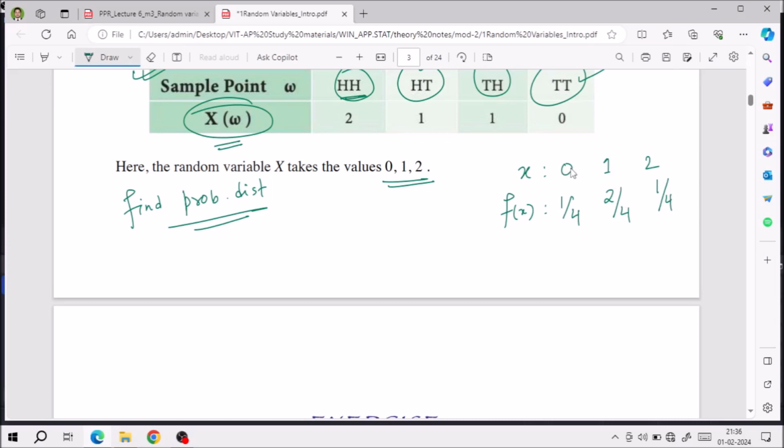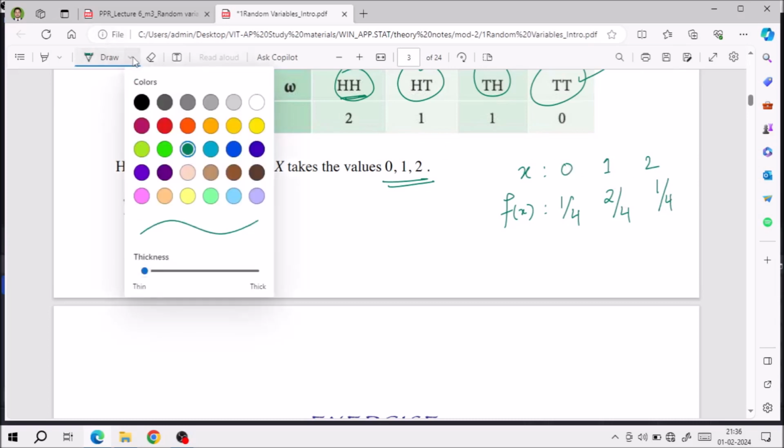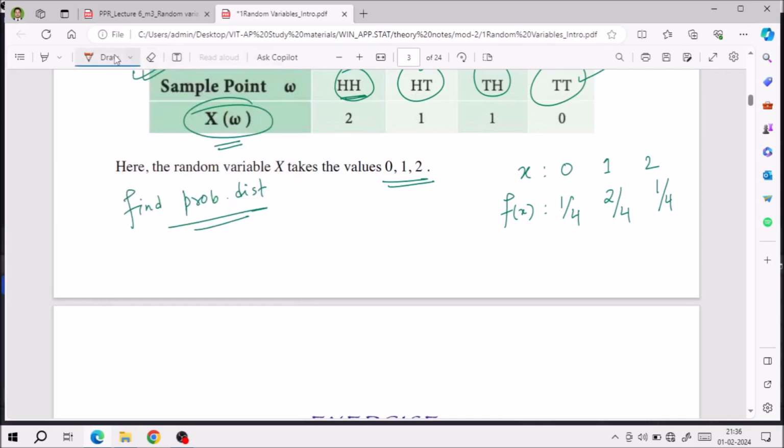So you can easily relate this with our previous understanding, that if you simply consider this one as x1, this one as x2, this one as x3, then this is nothing but f of x1, this is f of x2, this is f of x3.